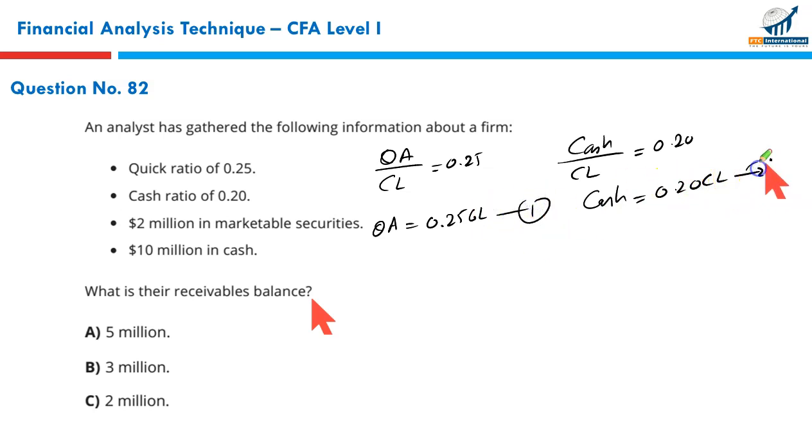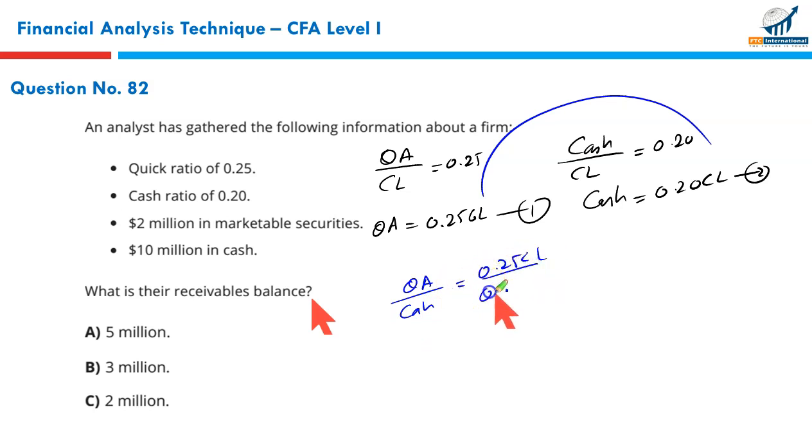Considering equations 1 and 2, I want you to feel comfortable with mathematics. Dividing equation 1 by 2, QA upon cash is equal to 0.25 CL upon 0.20 CL. CL cancels out. What we have now, quick assets upon cash assets, is equal to 0.25 by 0.20. That gives you 1.25.